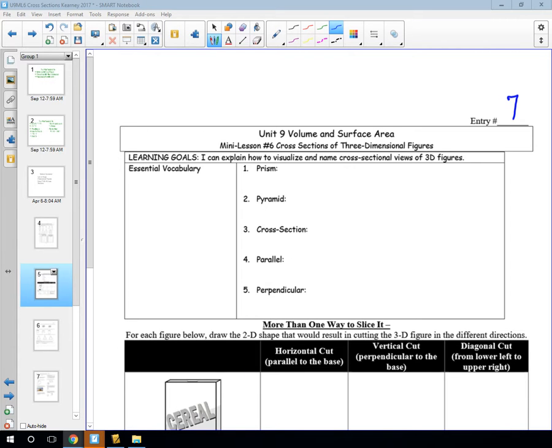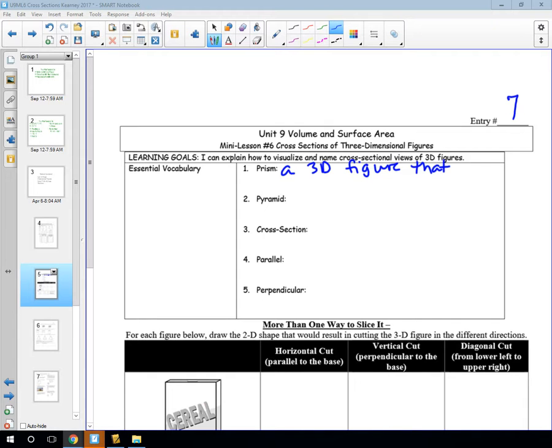So the first one is prism. Now, some of this is a review. Can you think of what makes a prism in comparison to a pyramid? We've been talking a lot lately about the difference between a prism and a pyramid. What does a prism have that makes it a prism? Okay, so for me, I know that it's a 3D figure that has a base that repeats itself.